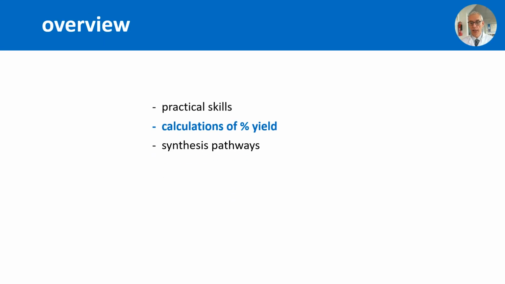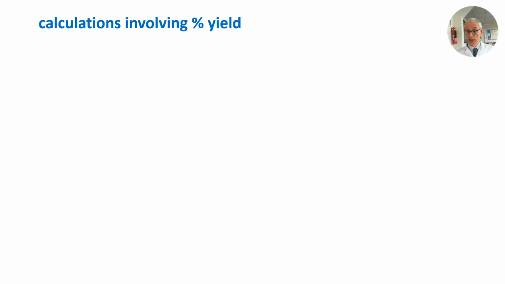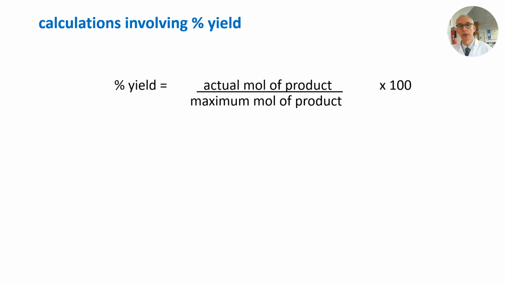Moving on to the calculation of percentage yield. Percentage yield, of course, has a set formula, which you are no doubt familiar with from Year 12 work. The actual moles of product divided by the maximum moles of product times 100.